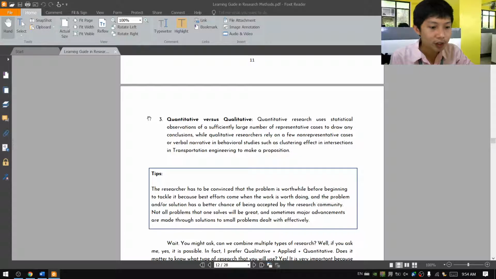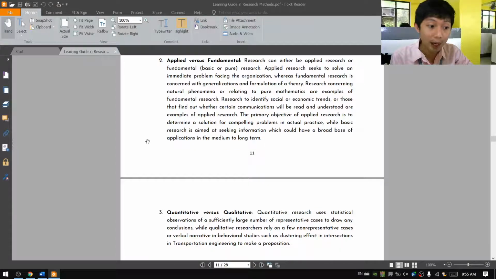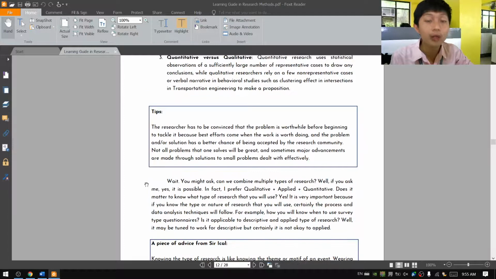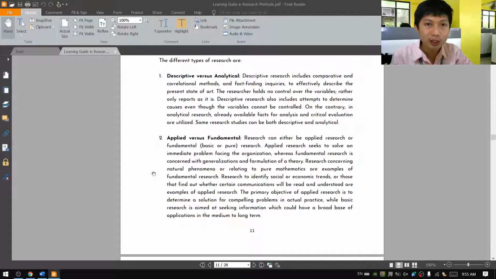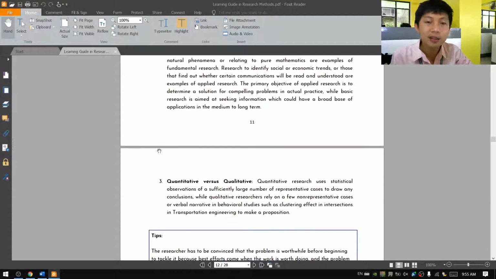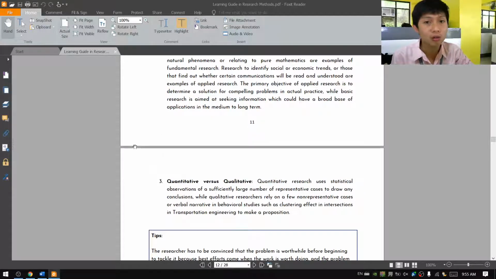Whereas qualitative research involves verbal, narrative, or behavioral studies. For us in engineering, we use quantitative research, which could be applied or fundamental. You can combine multiple: descriptive, applied, and quantitative, or descriptive, fundamental, and quantitative, or a combination of the three.